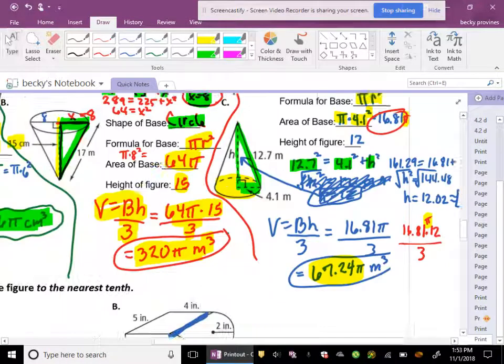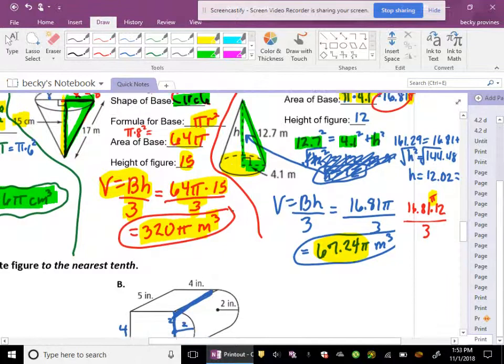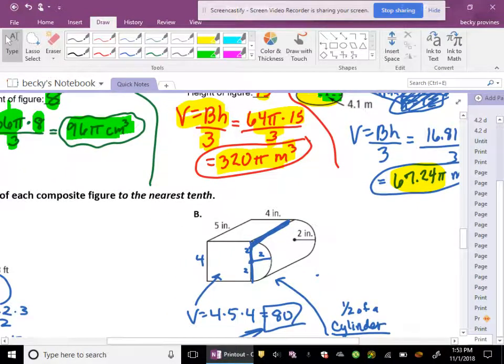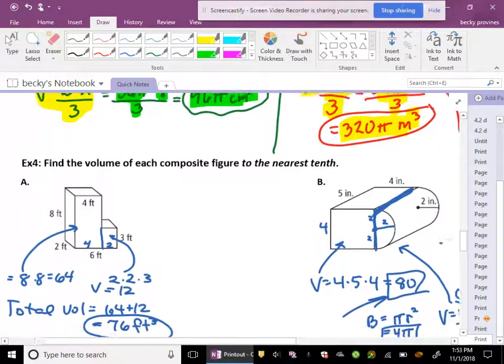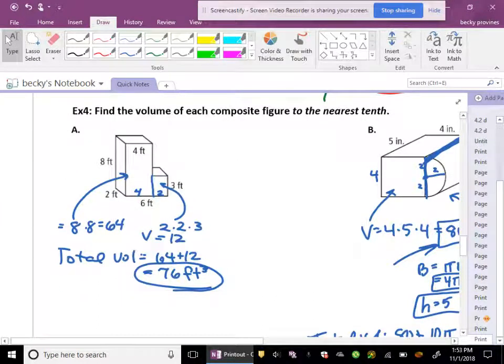Okay, so if you are in reverse, you can stop the video now. If you're in core 40, we need to keep going and talk about these composite pictures. So when you have a composite picture, that means we're just going to split it up into two or more smaller pictures and then add together the total volume.